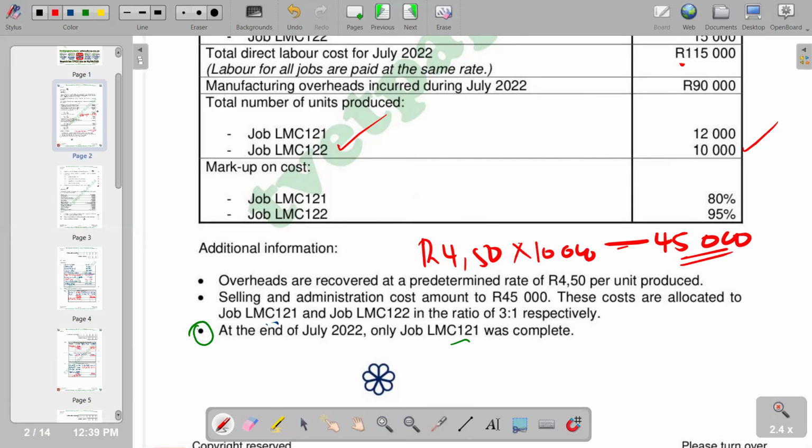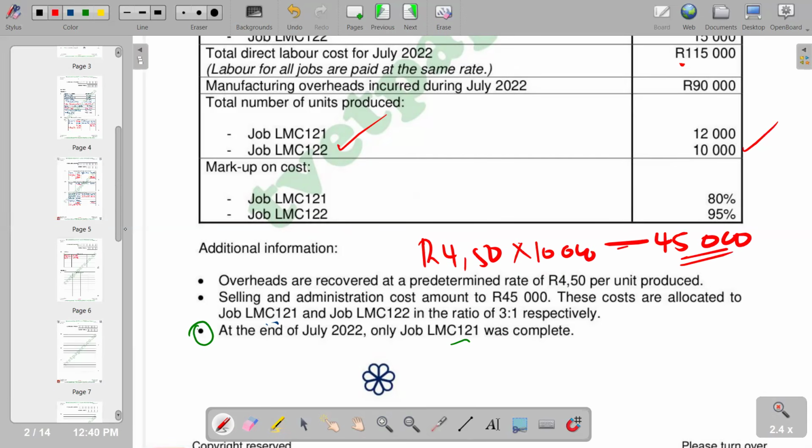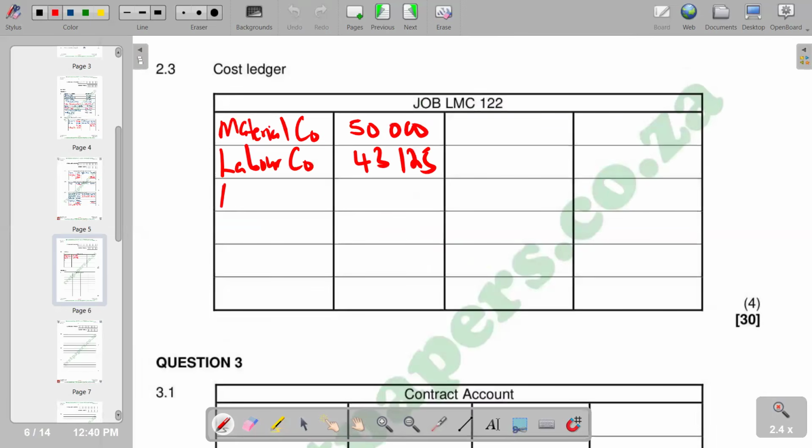So we go now again to the debit side, and we are saying these are applied overheads: 45,000. So this marks the end of what we're supposed to put on the debit side of job LMC 122. Then we add to get the total.